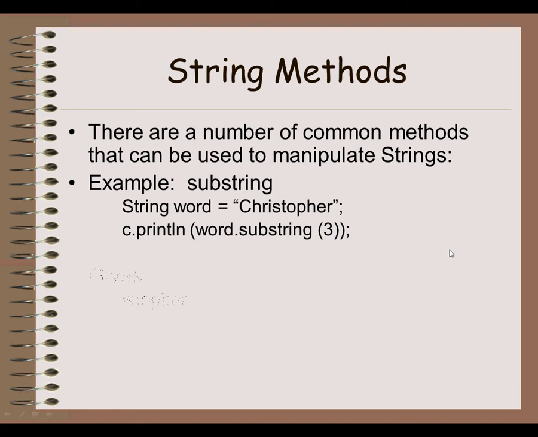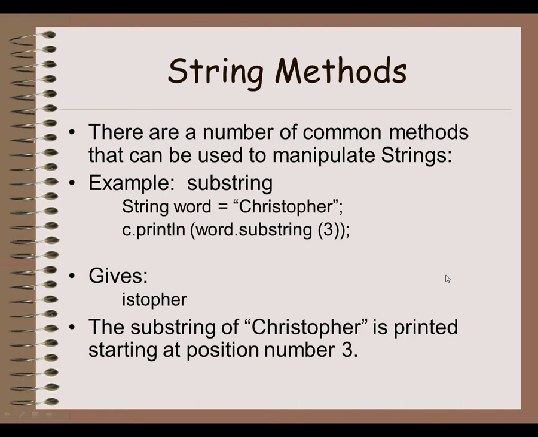Well, remember, each individual character in my word has a position. So what this does, it says I'm going to get the entire word of this starting at position 3. So 0, 1, 2, 3. I'm going to get the rest of the word. So in this case, I'm going to get returned back Istopher. So Istopher would be printed to my console. Okay, starting at position 3.